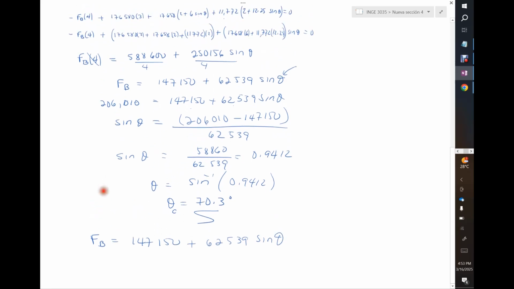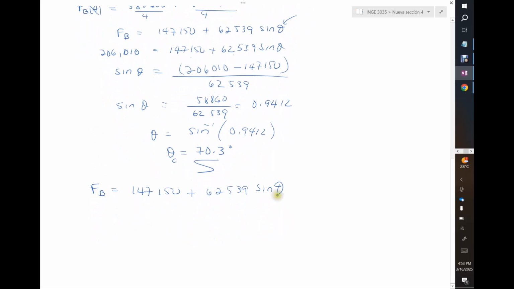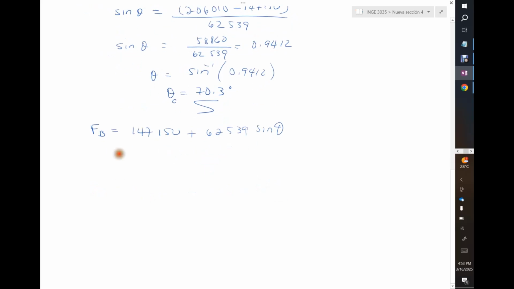So let's see. When theta is 70.3, then FB will be at the maximum allowed for tipping. So when theta starts to drop, let's say theta is 0, then the minimum force is 147,150. So this looks more like this.